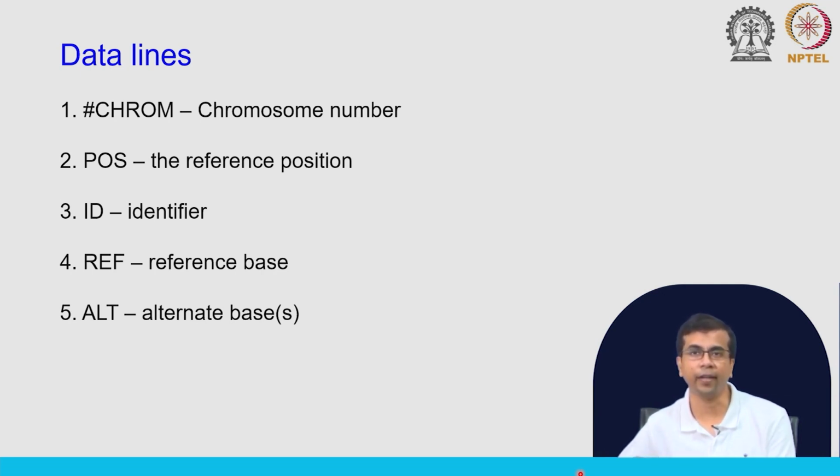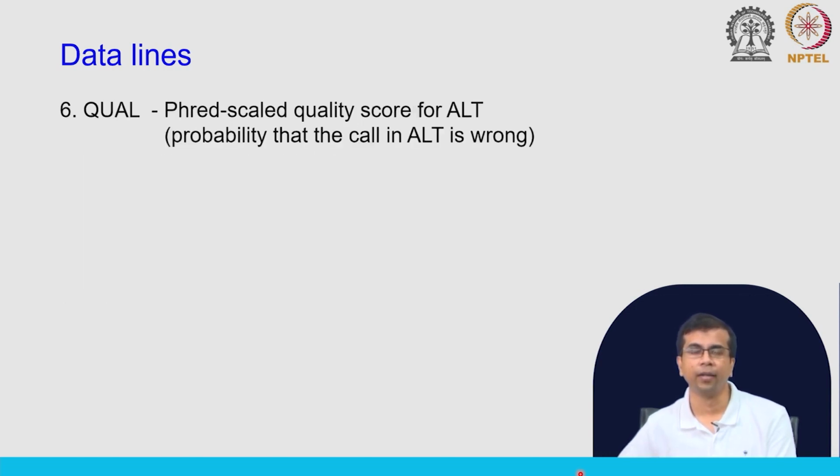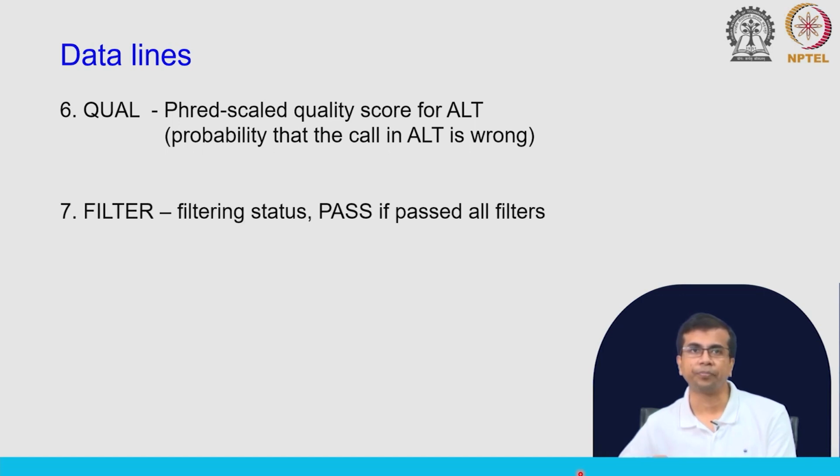This is actually the variant that we see in our data. Then 6 is the quality, the Phred scale quality score for the alternate base, and this is related to the probability that the call of the alternate base is wrong. It is very similar to the Phred score that we have talked about.